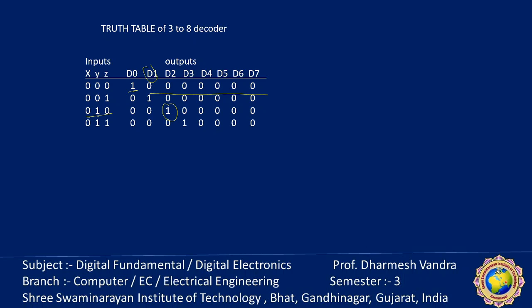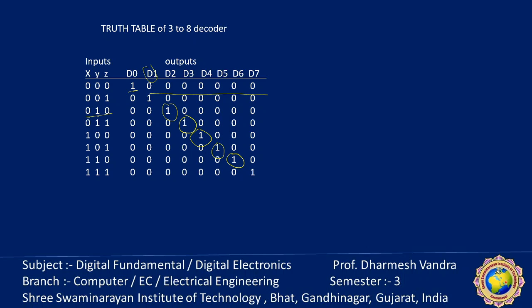Similarly, 011 is equivalent to binary 3, so the third line will become 1. 100 is equivalent to 4 in decimal, so the fourth line will become 1. 101 means the fifth line is enabled. 110 means the sixth line is enabled, and 111 means the seventh line is enabled.